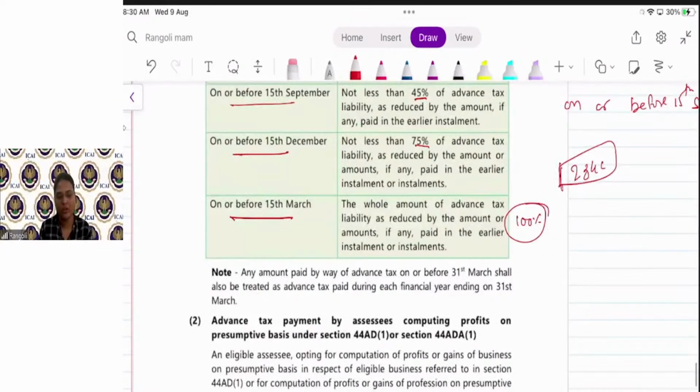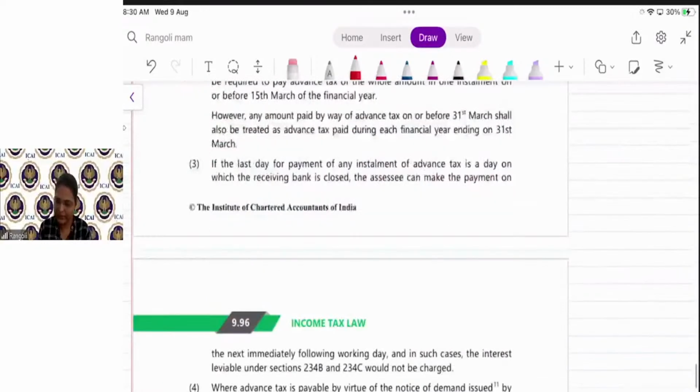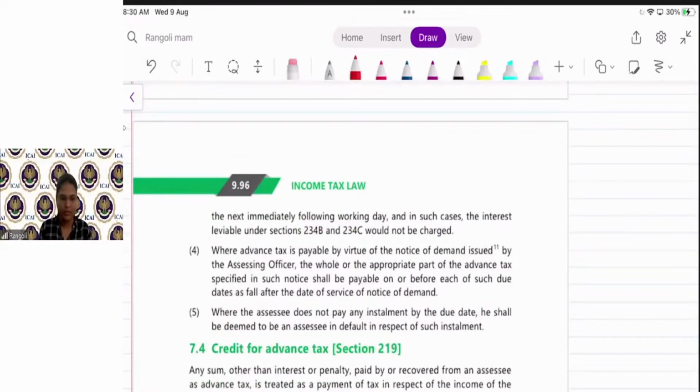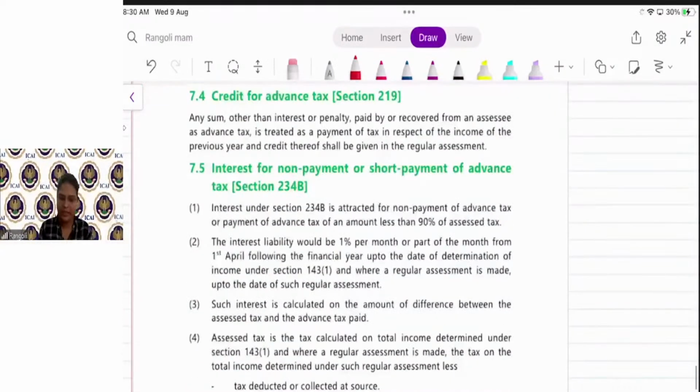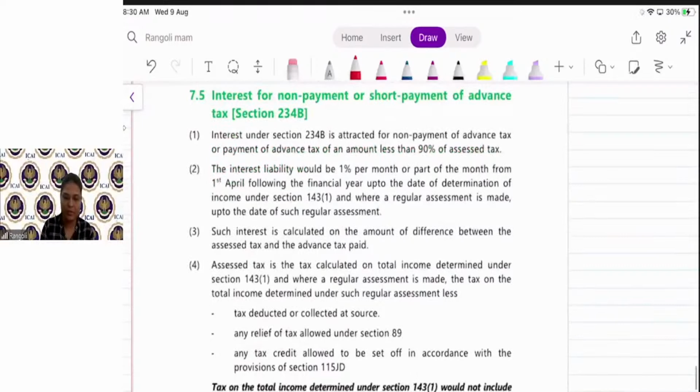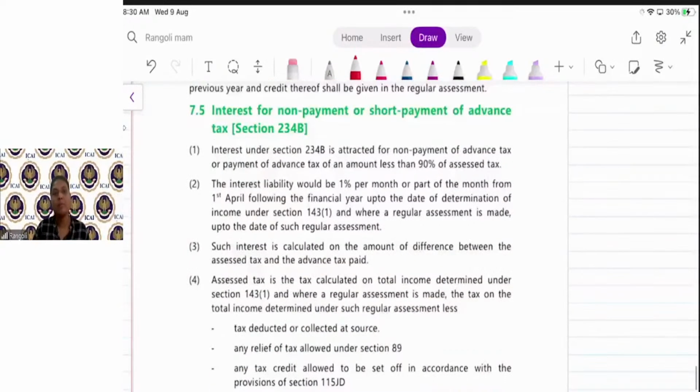You need to pay your entire tax on or before 15th March. Clear? Now let us have a break of 10 minutes. After that, we will discuss interest under section 234B for short payment of advance tax and 234C for short quarterly payment of advance tax. Is that clear? Let's have a break of 10 minutes.